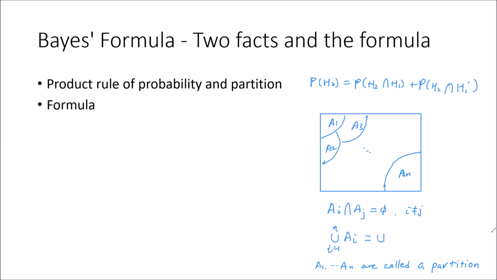One, pairwise disjoint. Two, the union is the whole set. Now, if I introduce another set, any set, say B, let's put a B somewhere here, a nice circle. So let's call it B.